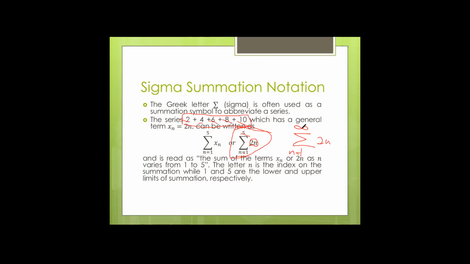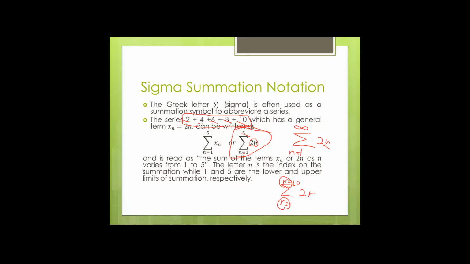Meaning that we're talking about an infinite series. And not always do they use n. Sometimes you can see the sum of 2r, where r equal 1 to r equal 10. Some books drop out the r and you just see 1 and 10, no r.